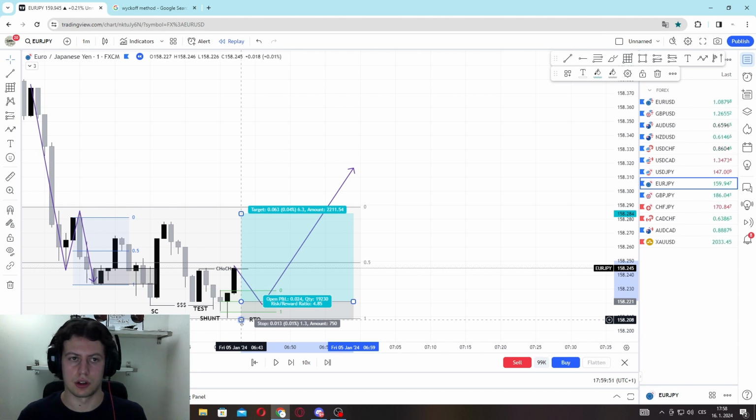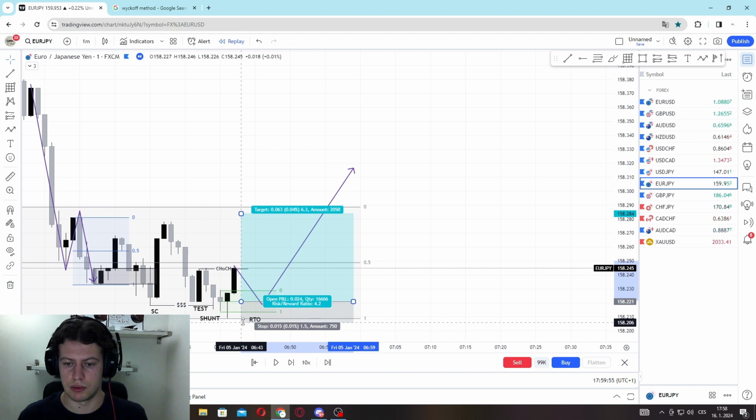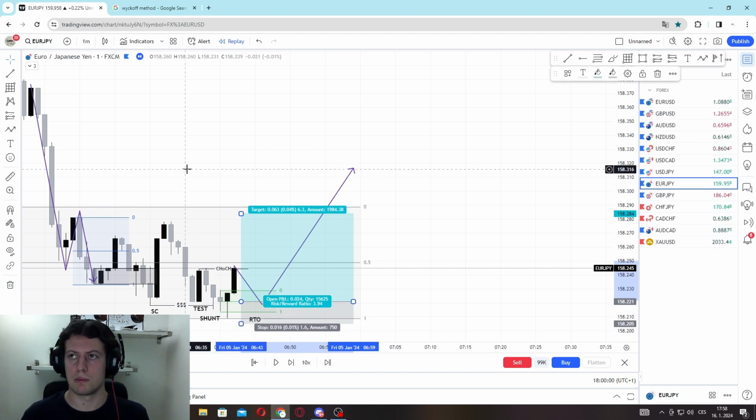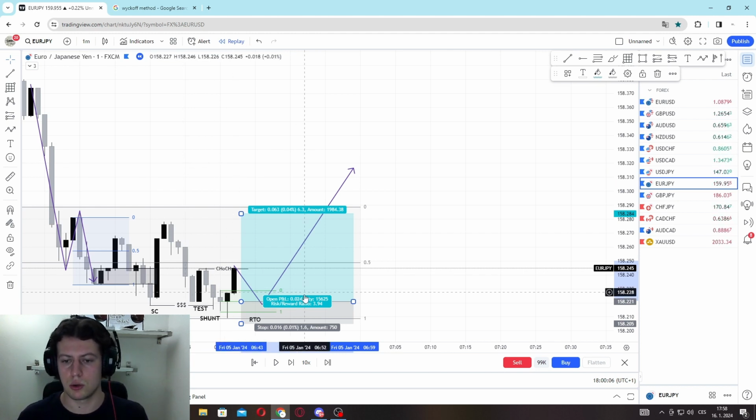Or I think if there are some spreads, just have some breathing room. So for example 1.5, I usually give plus 0.3 pip stop loss additional, just to have some small breathing room. So we will have it like this.